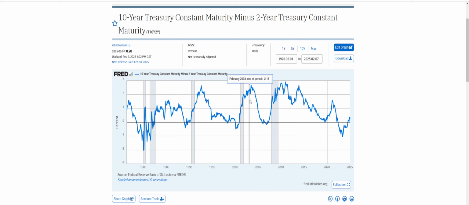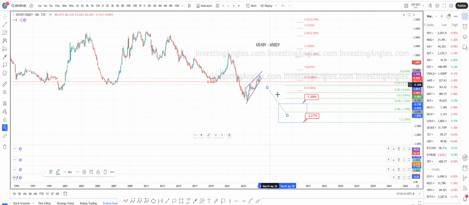This is the all-time spread, and what we are seeing here is that these types of numbers were last seen in the 1980s, 1981, when the spread went to negative 2, which would align with this one.